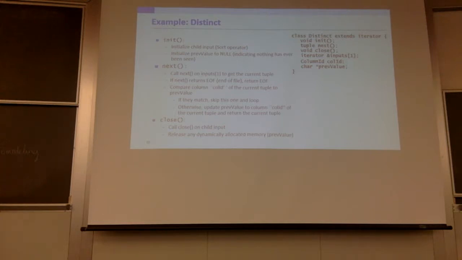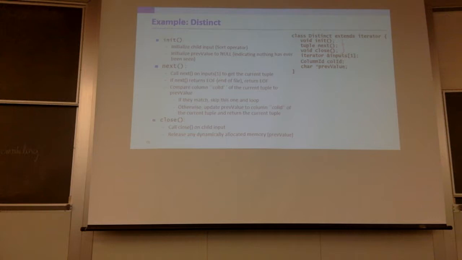Not necessarily, we could also apply that to a hash. Anyway, suppose we have a distinct operator, and of course we will have the very same interfaces as specified in the previous slide. We have init, next, and close, right?